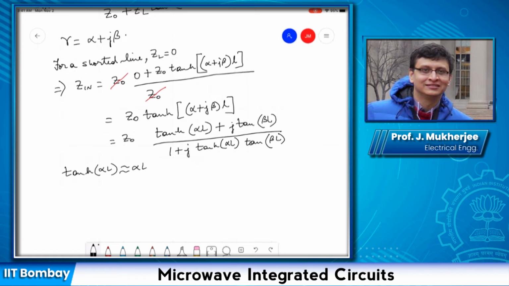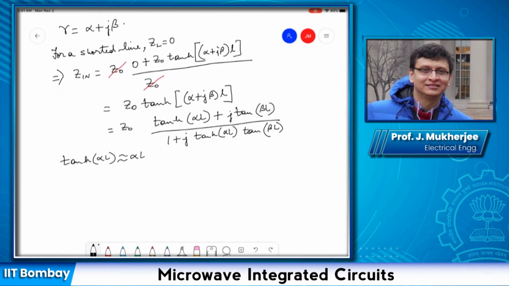Then Z in, again, if this alpha L term is small, then this can be further approximated.